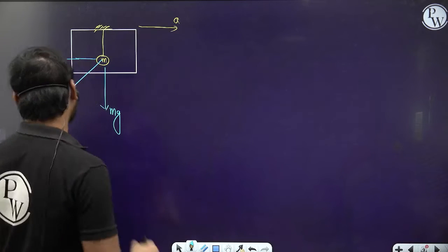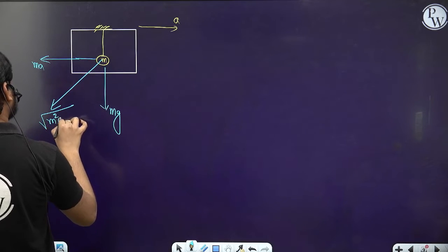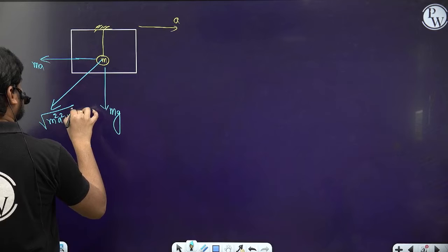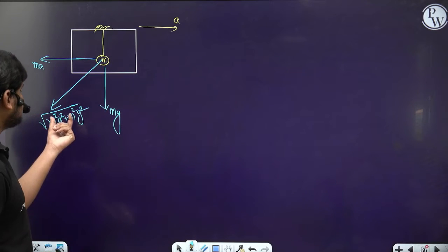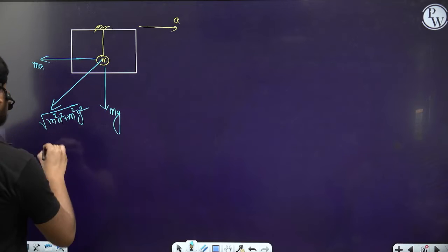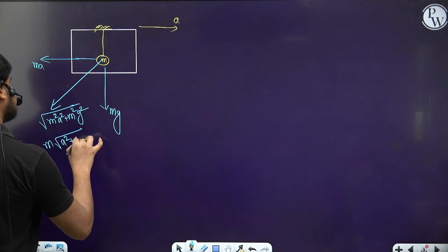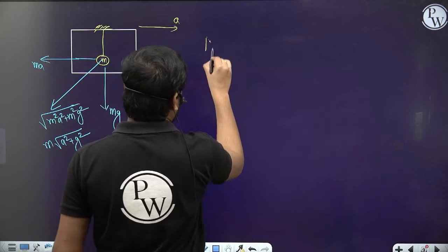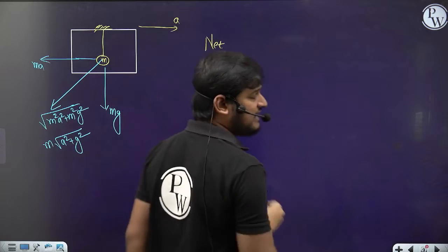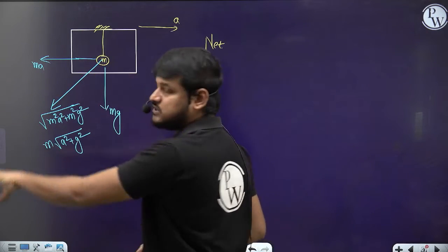What's the net force? Square root of m square a square plus m square g square, which we can write as m square, you can take common from these two, and if you take it out, m into root over a square plus g square. The net force here, not net downward force, net force I am writing, because it is not downward completely, it is somewhat inclined.